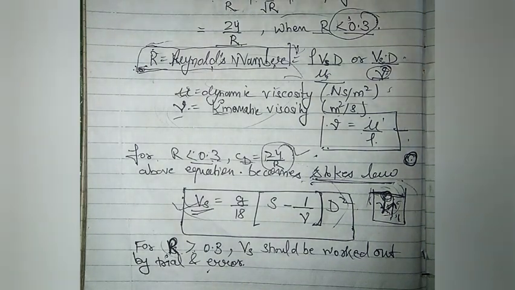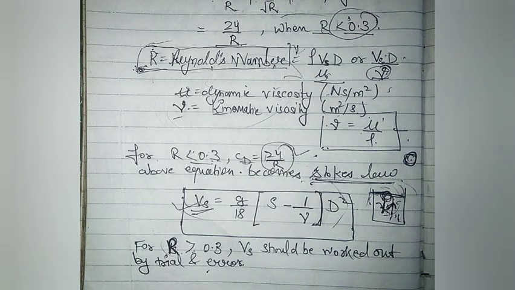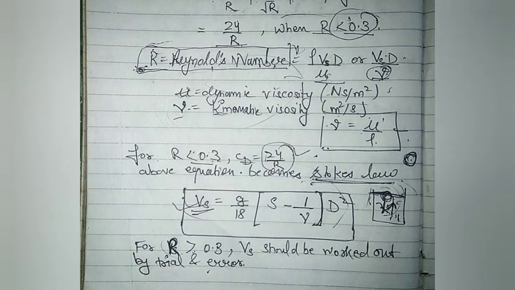Otherwise, if velocity is lower, then the deposition of organic matter along with the inorganic solids will occur. And if the velocity is higher than the critical velocity, as we discussed, then the scouring of already deposited grit material will occur, leading to the failure of performance.